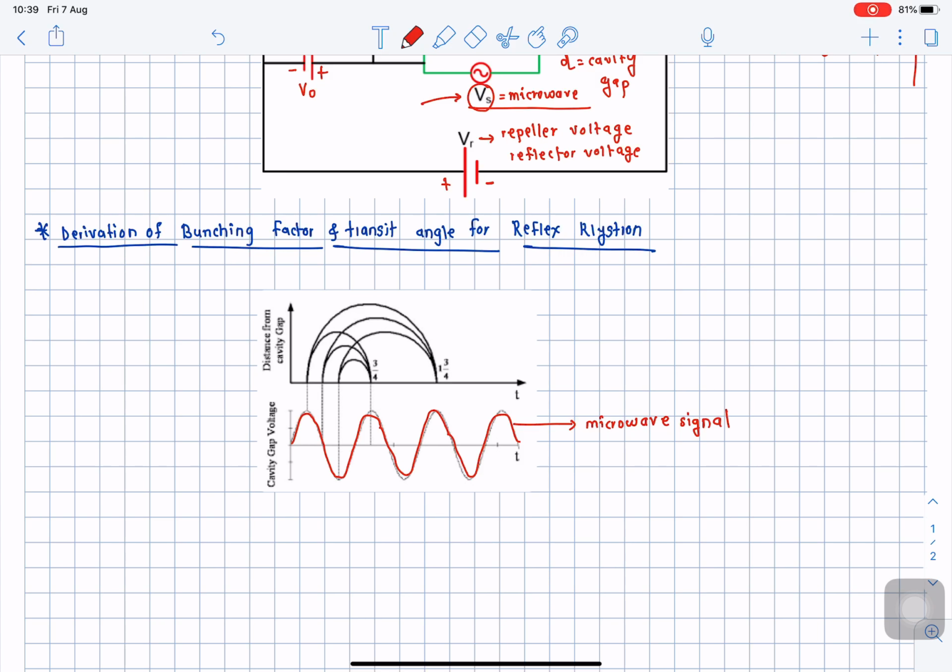Okay, so here we consider three different cases in which the electrons behave differently with their velocities, right? First consider that the microwave signal is going through its zero phase. Let us denote that position as number 1. At point number 1, the microwave signal is essentially 0. At point number 2, the microwave signal has its maximum peak.